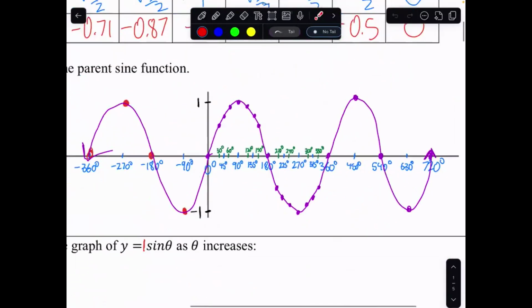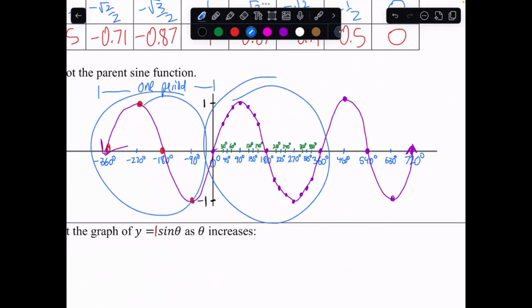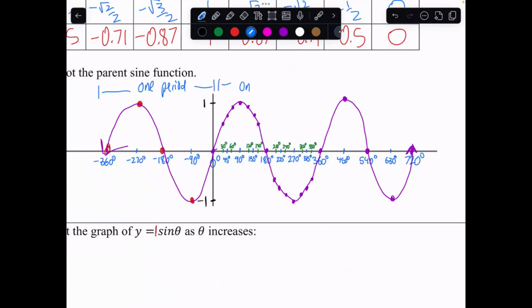Okay, so when we graph the first sine function, we see that it repeats, right? This is identical to this. Okay, so each of these sections is one period. Like from here to here is one period, because that repeats identically over here. Okay, so this would also be one period. And this one over here would also be one period.